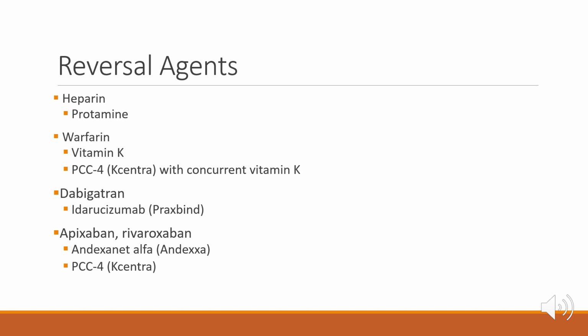There are different reversal agents available for many of our anticoagulants that can be used if a patient presents with significant bleeding while anticoagulated. Heparin's specific antidote is called protamine, and for warfarin, vitamin K can be used by itself to restore hepatic clotting factors and achieve prolonged hemostasis, or Kcentra can be used in addition to vitamin K to achieve rapid INR normalization within minutes.